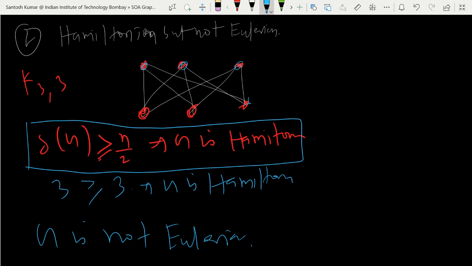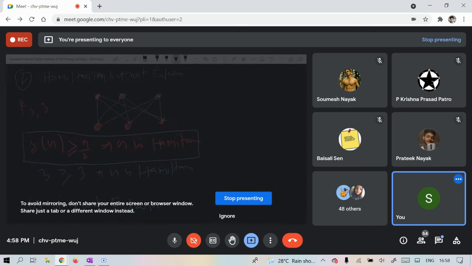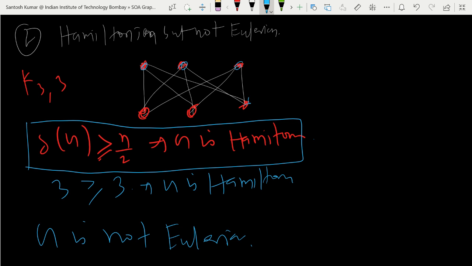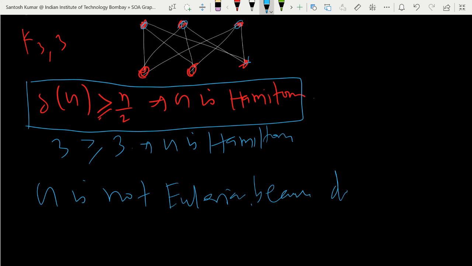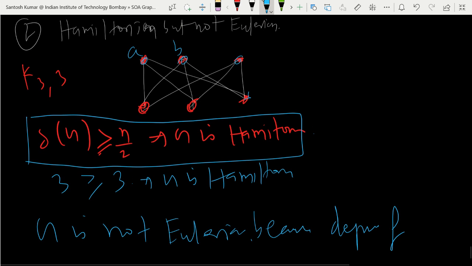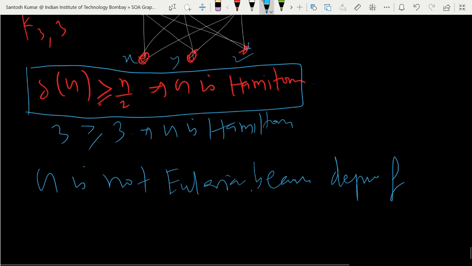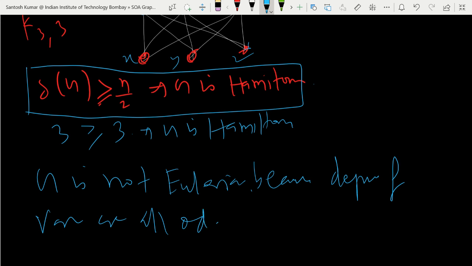Okay. So you can write that the degree of any one vertex you select, all have odd degree. They are all odd. So that's why it is not Eulerian.